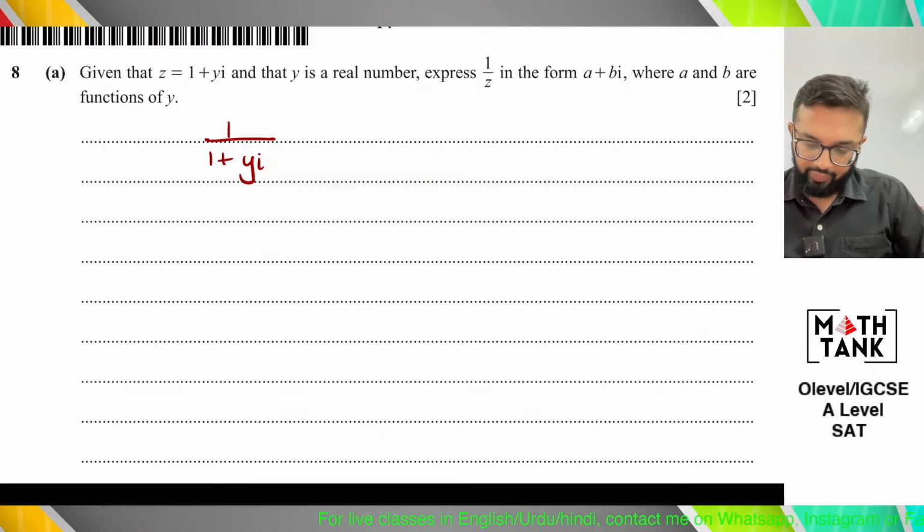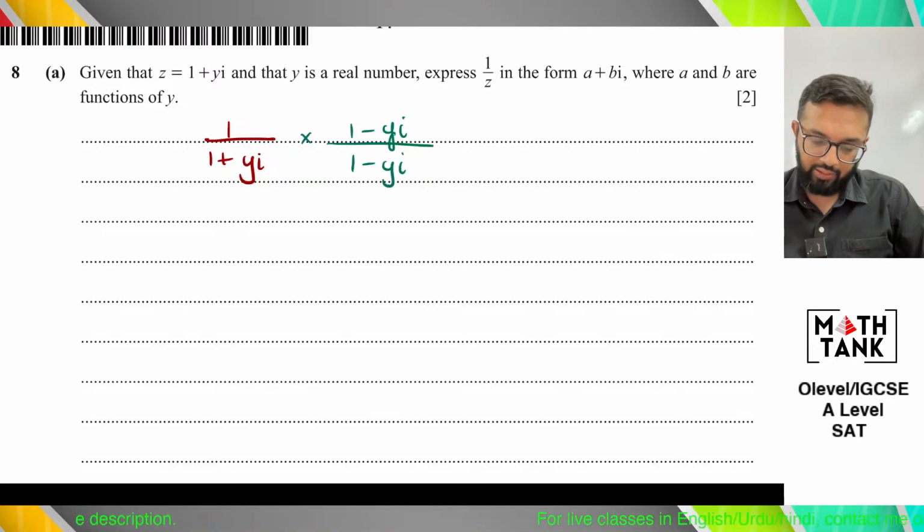Okay, so the first thing that I want to do about this is that y is a real number. So I multiply with 1 minus yi. That gives me 1 squared minus yi squared, and the numerator 1 minus yi.